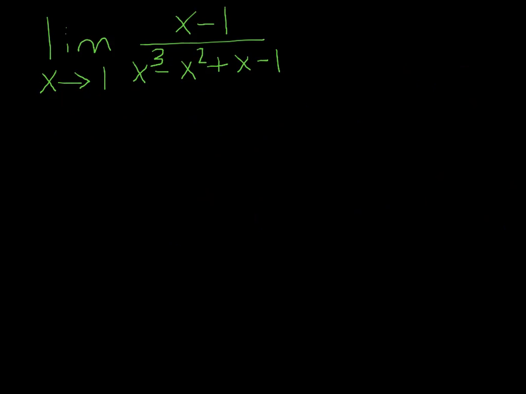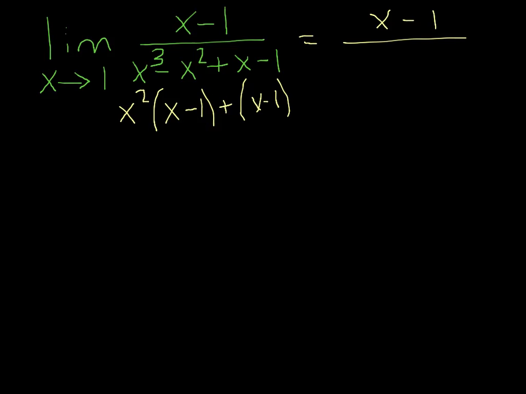x minus 1 over x cubed minus x squared plus x minus 1. Okay? So we have to be able to factor that denominator. Well, if we look at the denominator, I could factor out an x squared and do a little factor by grouping, where this becomes x minus 1 divided by x squared plus 1 times x minus 1.